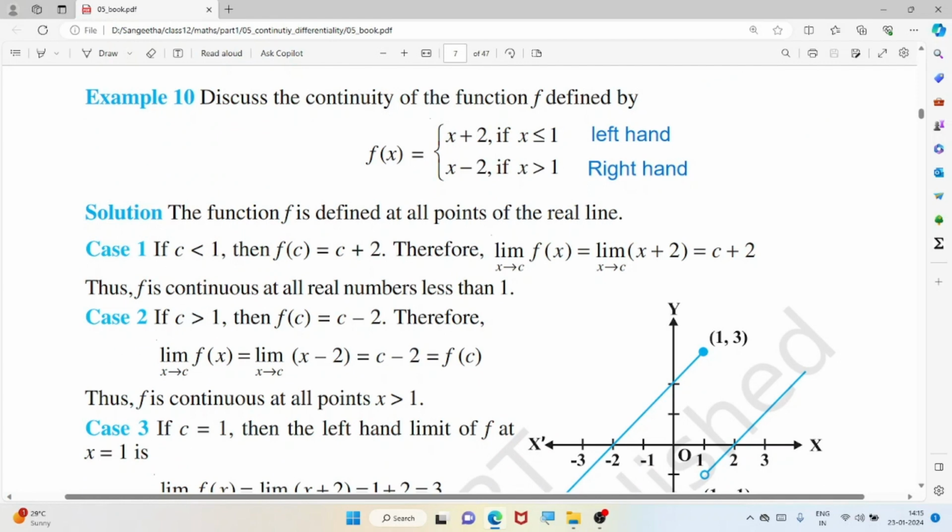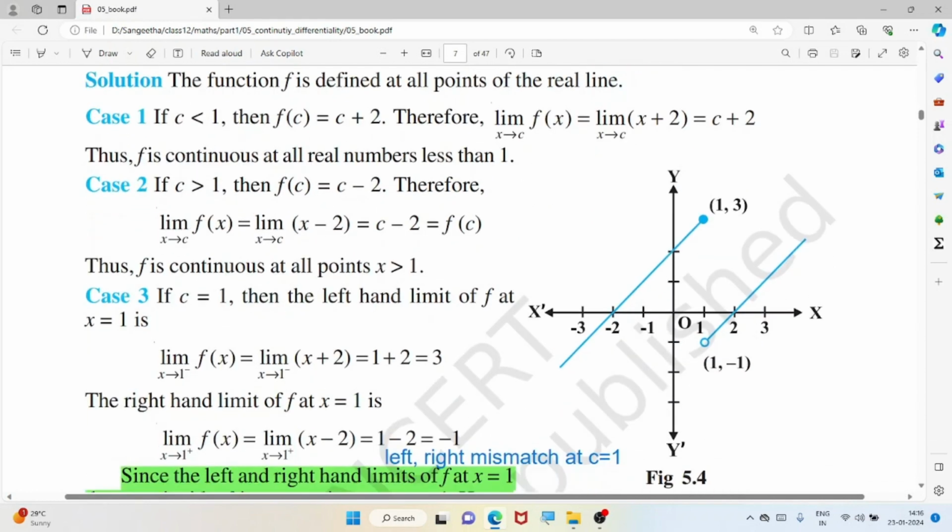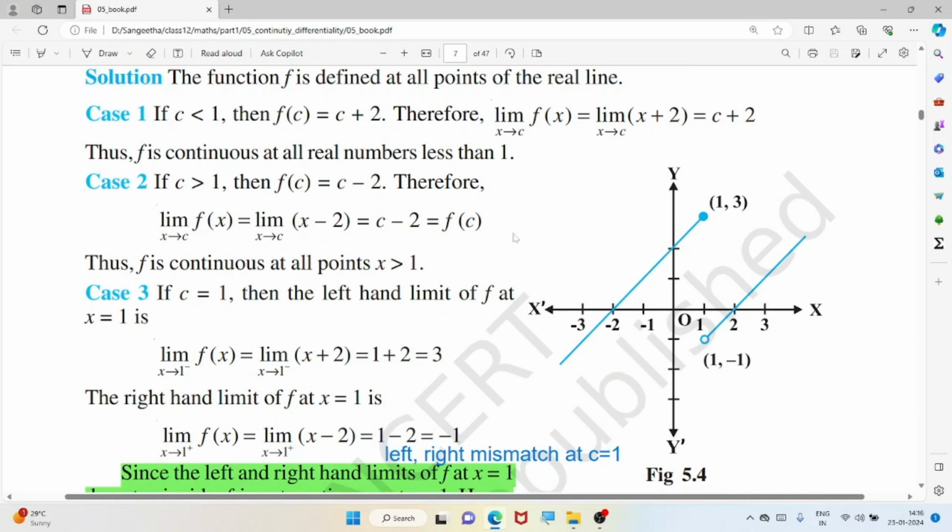If c is less than 1, then it is c plus 2. It is continuous for all c less than 1. For c greater than 1, it is c minus 2. So f is continuous for c greater than 1.